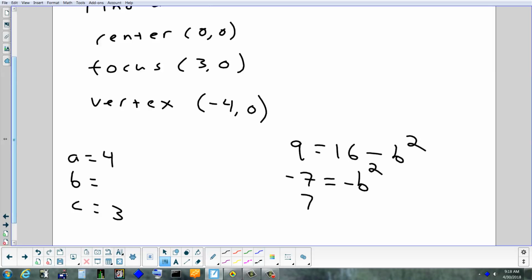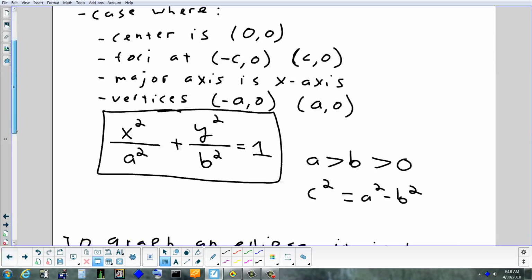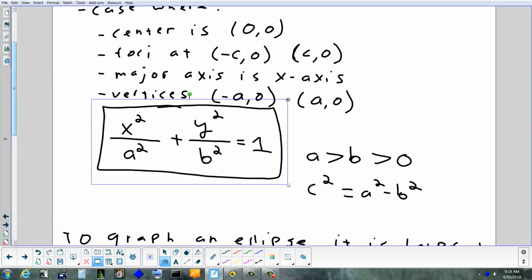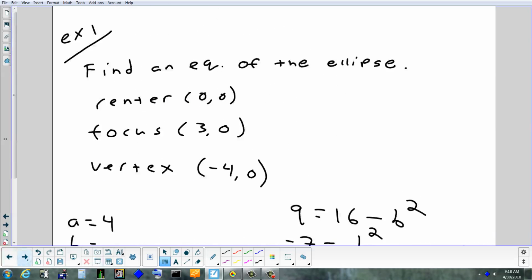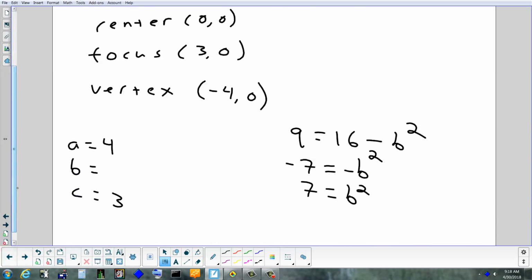So that means 7 is B squared. Technically, you don't need B. The formula asks for B squared, and we have it. But if you were graphing it, you would want to know B, because that would tell you how far to go on the short way. So what would B come out to if they asked for it? Square root of 7.